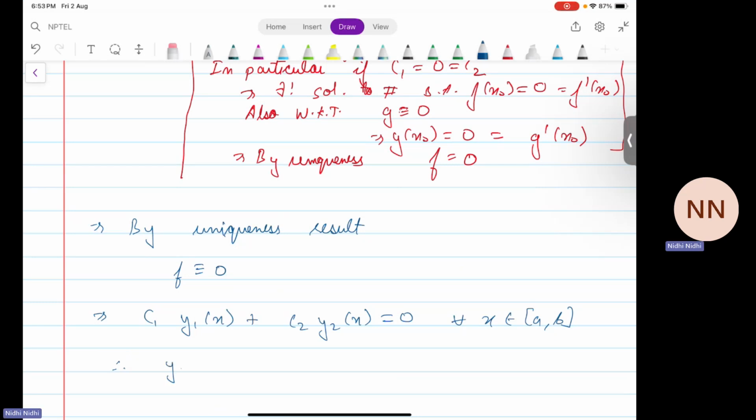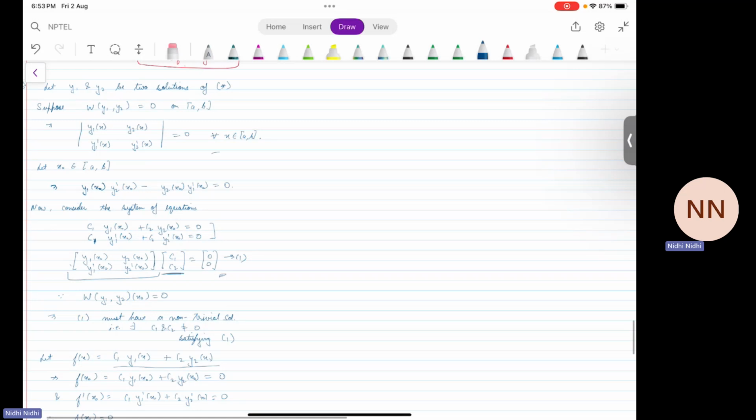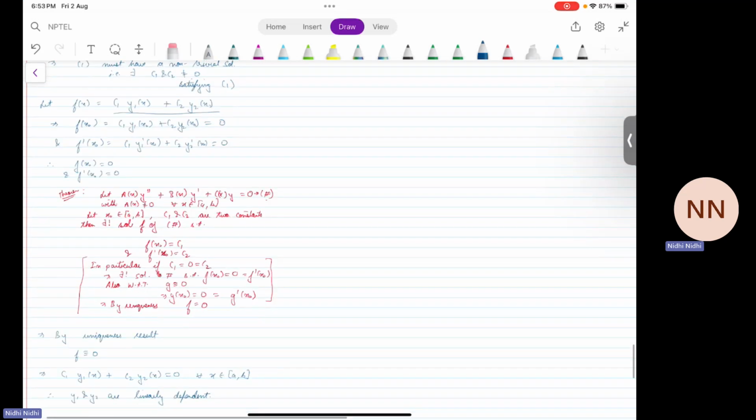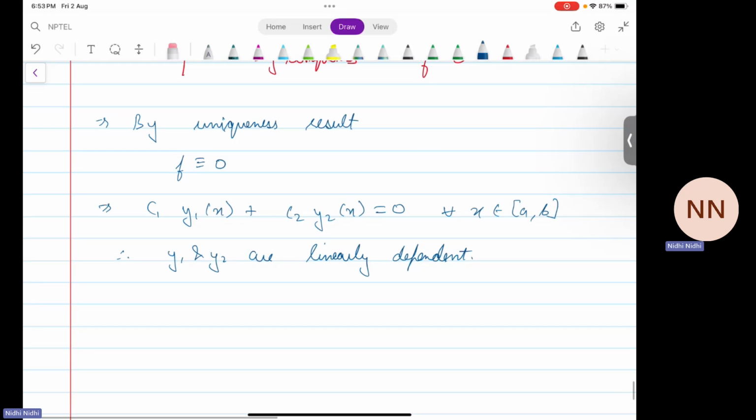Therefore, y1 and y2 are linearly dependent. So what do we have now? We have that if the Wronskian is 0 for every x in [a, b], that must imply that y1 and y2 are linearly dependent.